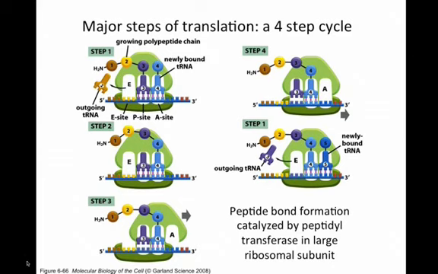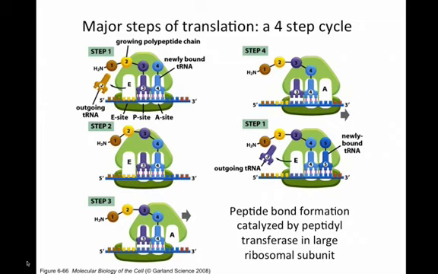So this is where we ended the other day. We've been talking about translation, and I was going through the major steps. It's basically addition of the new tRNA to the A site. Then you get the formation of your peptide bond, and then the large ribosomal subunit moves one way, and then the small ribosomal subunit moves, and that results in movement of the tRNAs.